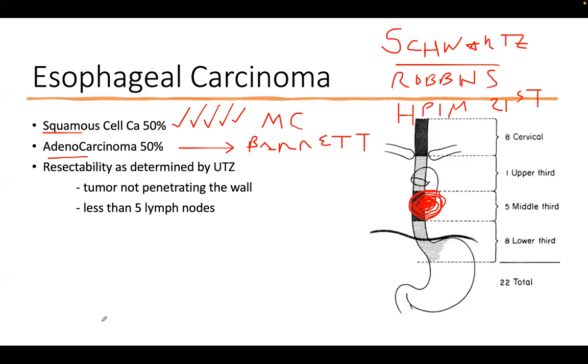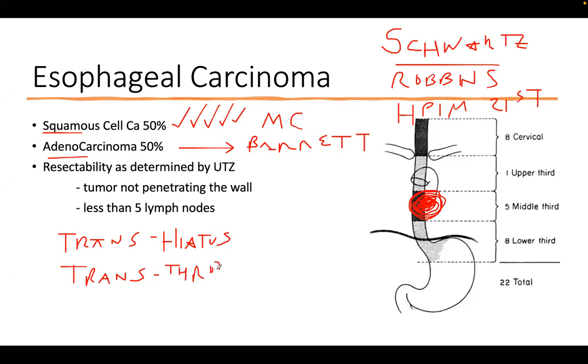Now, we're not going to go into the detail because this will be discussed in your surgery intensive blitz, but I just want to mention you can approach esophageal cancer transhiatal. That means you go through the esophageal hiatus in the diaphragm, okay? Or you can go transthoracic. So I'm going to give you a reading assignment.